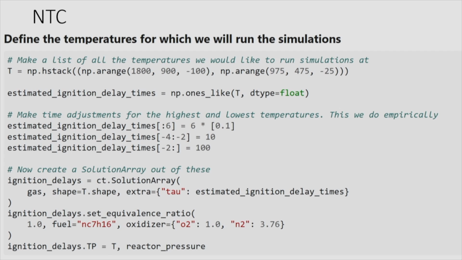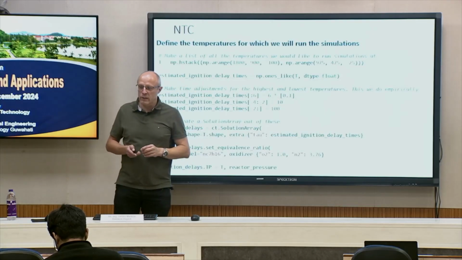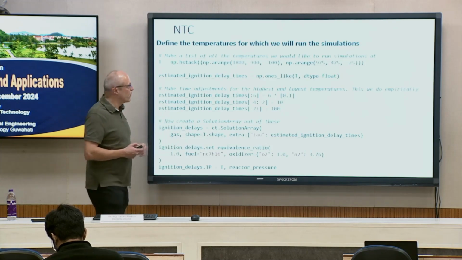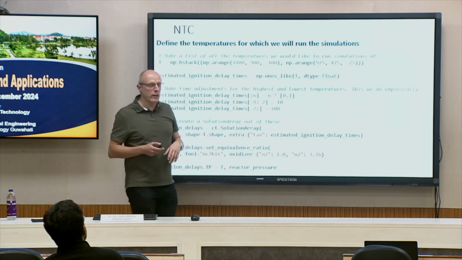I think from 1800 to 1000 we want to get the ignition delay time with a step width of 100 Kelvin, and for temperatures of 975 to 475 Kelvin we want a smaller step width, so 25 Kelvin. So for each of the points here, we want to get the ignition delay time.